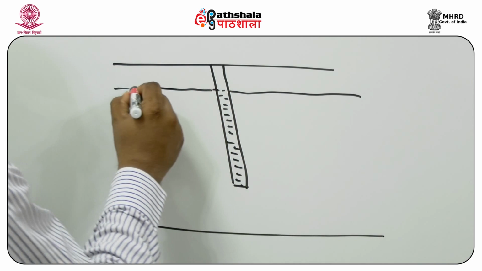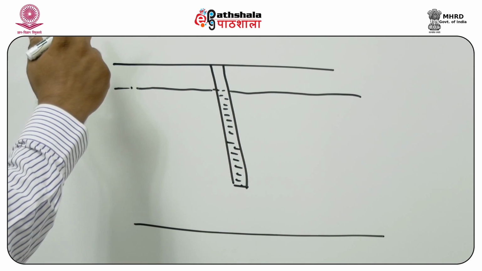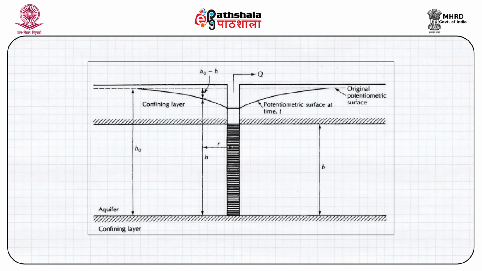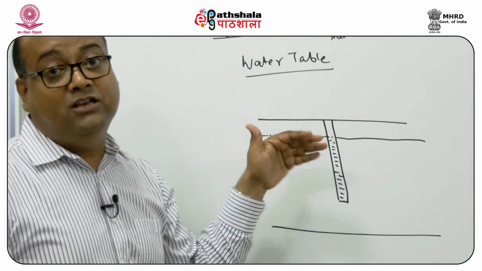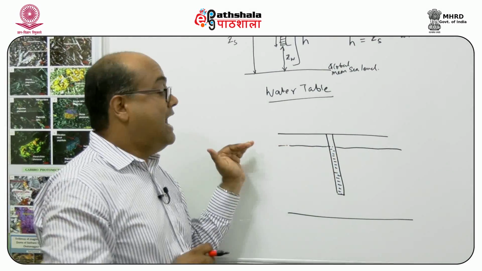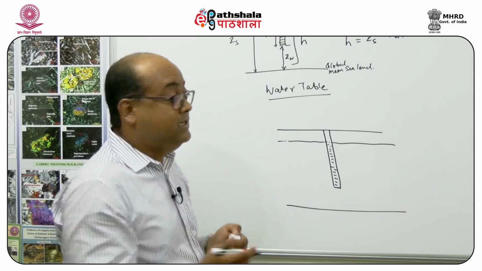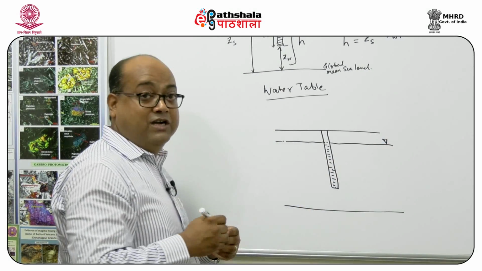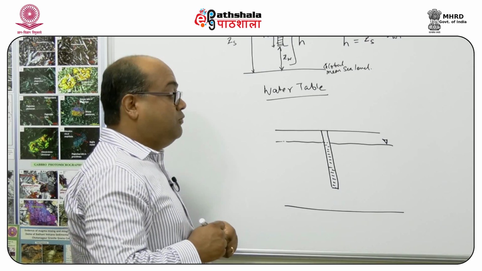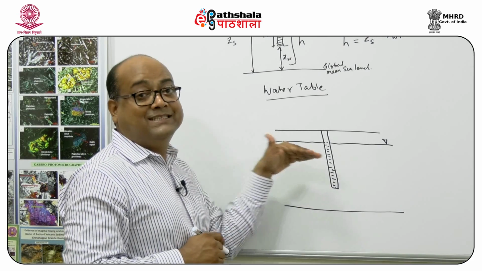So how did I draw the water table? If I had measured groundwater hydraulic head in all these portions, and joined those points with a line, which basically represents a plane, I get what is known as the water table. This is generally represented by an inverted triangle, and this is what I call a static level.